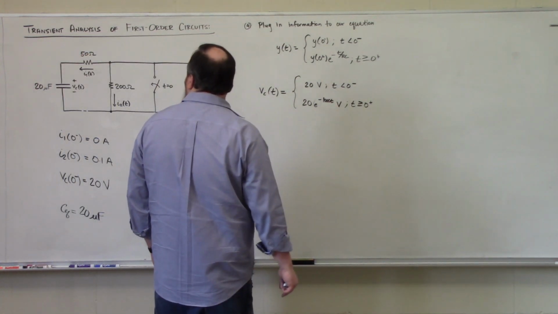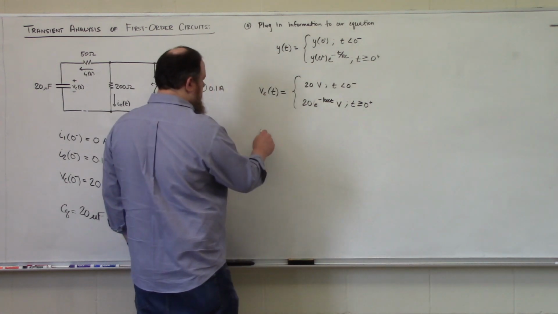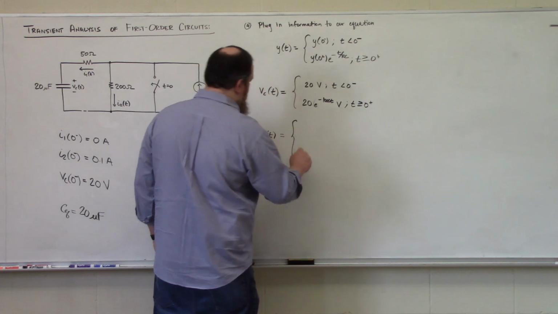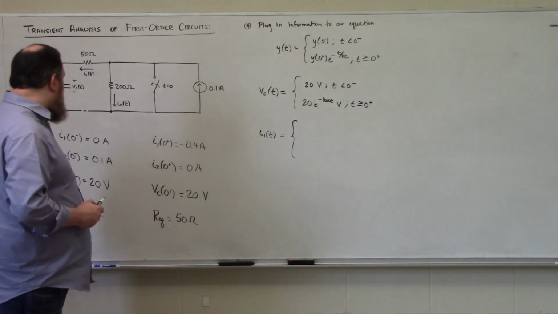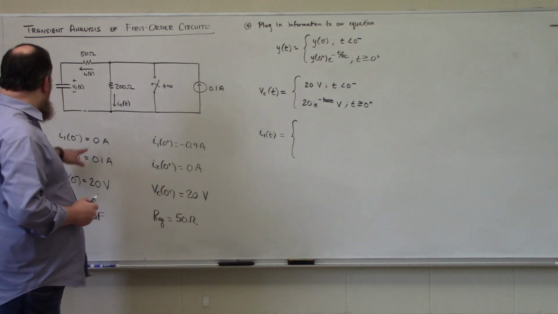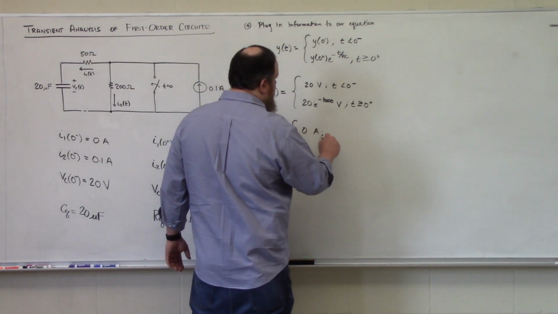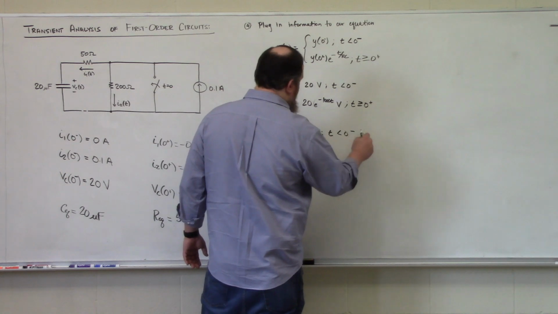My current I1. So my current I1 of t, it was 0 amps at t equal to 0 minus. So we'll have 0 amps for t less than 0 minus.